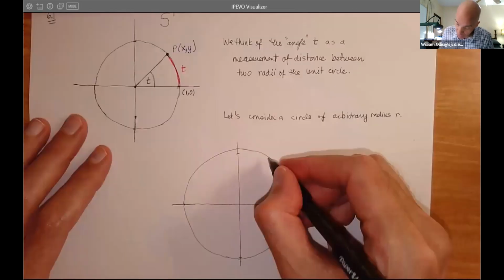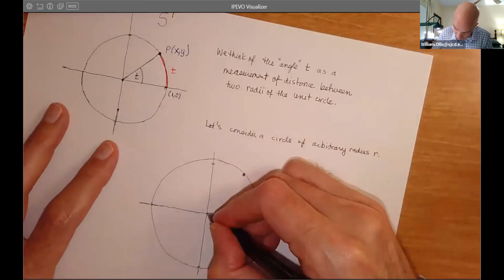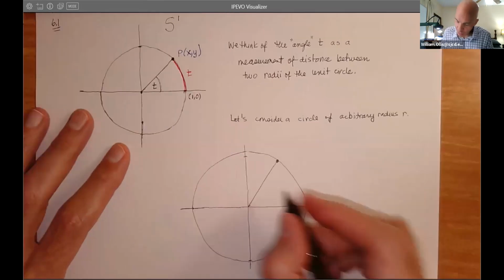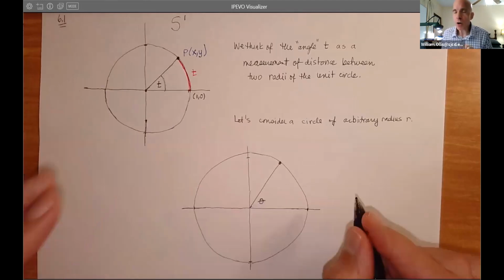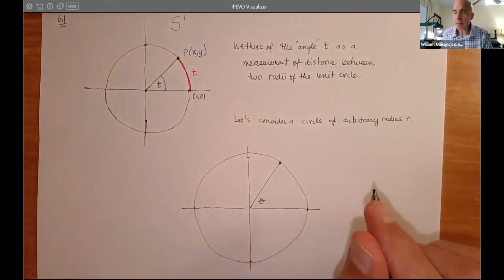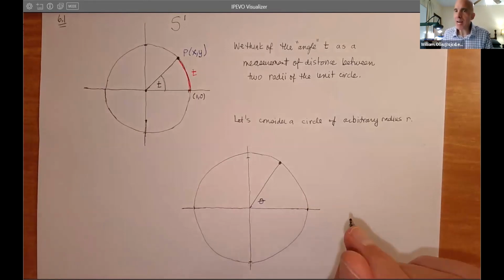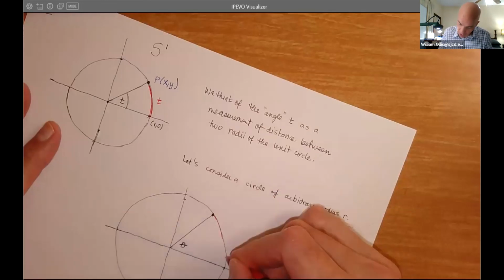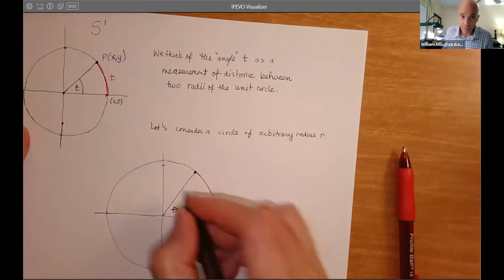So we'll just take a point here on the unit circle. We're going to abstract. And now we're just going to call the angular distance theta. So now we know that when we think of theta, we think of distance along the unit circle in radian measure. But now, in the abstract, we're just going to call this distance along the unit circle. Again, this is R now. It can be anything, not necessarily 1.